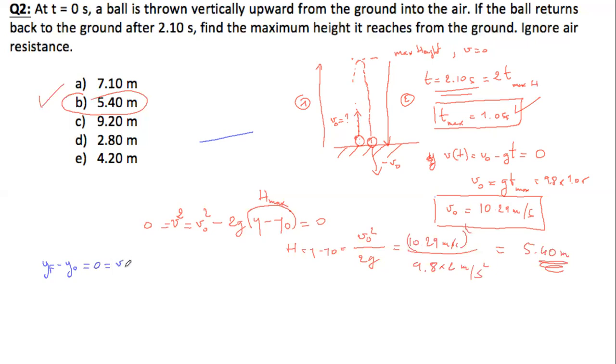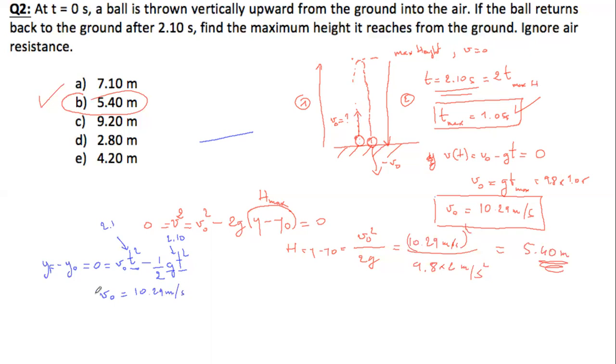And it's equal to v naught t minus half g t squared. But this t here is 2.10 seconds. So you have an equation where you know the time, you know g, and the only unknown is v naught.